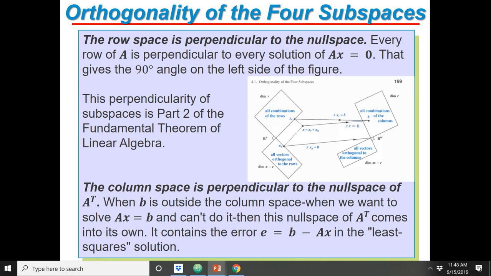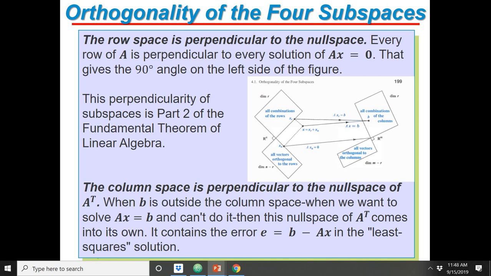So we will see that this schematic contains actually practically everything you need to know about linear algebra. So I'm going to bypass the statement on the bottom of the slide, as we will see this concept elaborated when we discuss least squares methods.